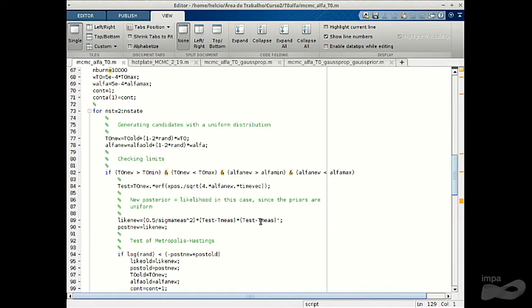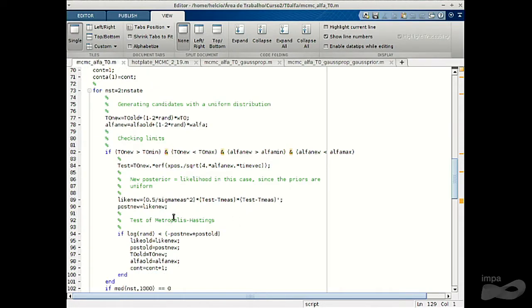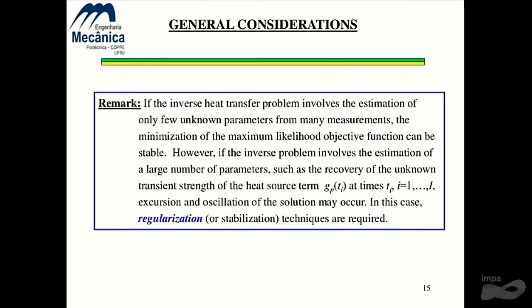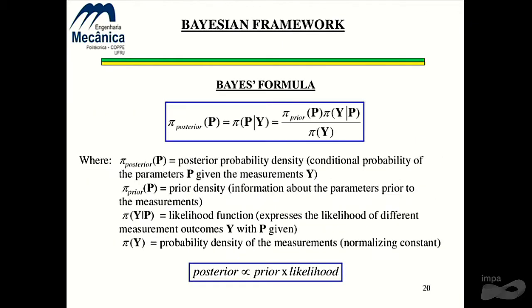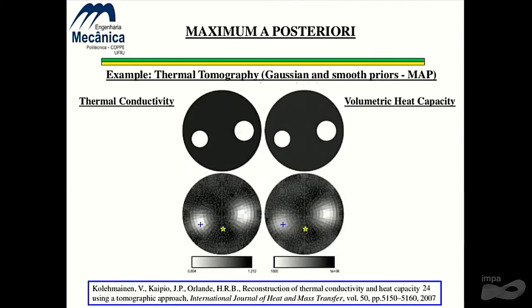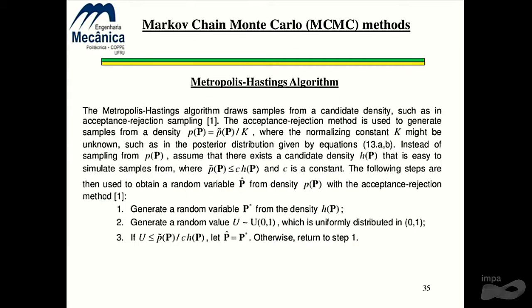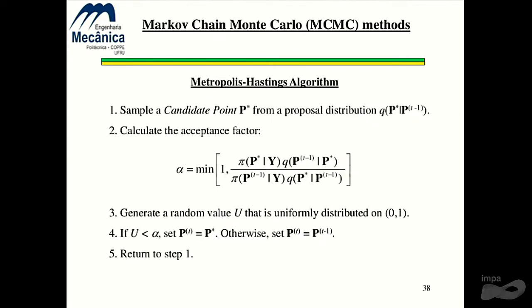Okay. Now I'm going to do the Metropolis-Hastings test. What we have here is something a little bit different from what we have in the transparency, because in the transparency I make the Metropolis-Hastings test like this.